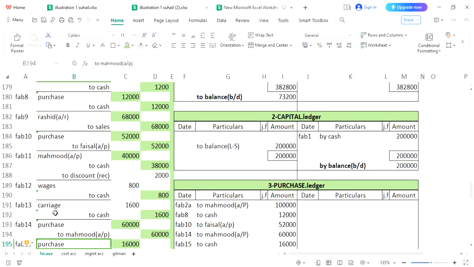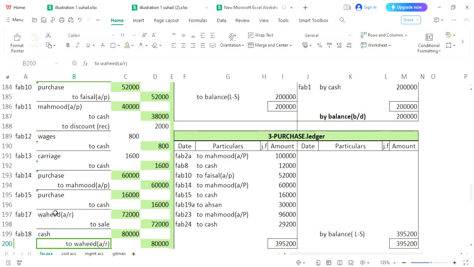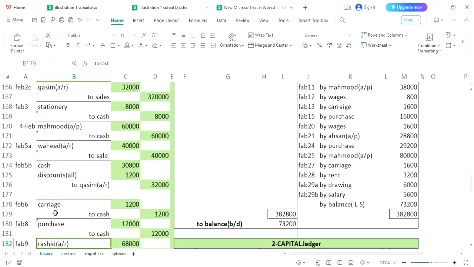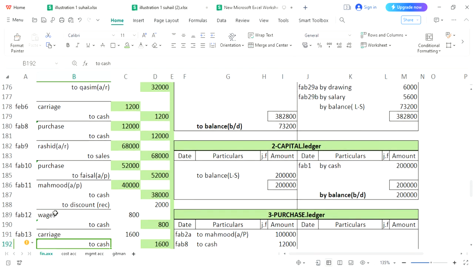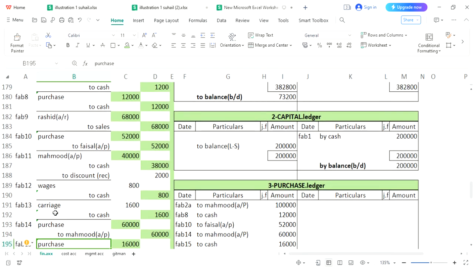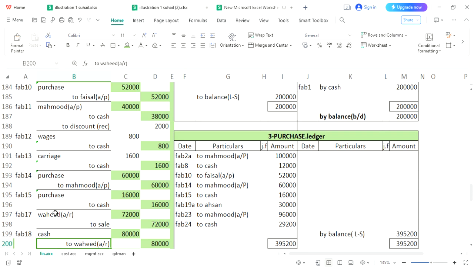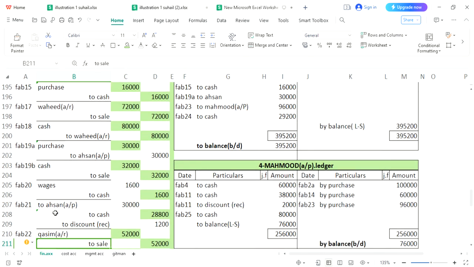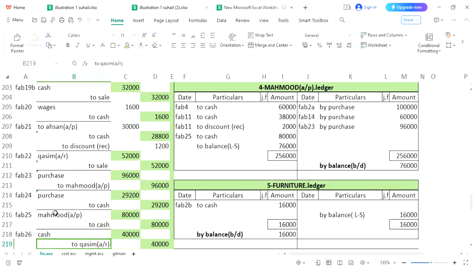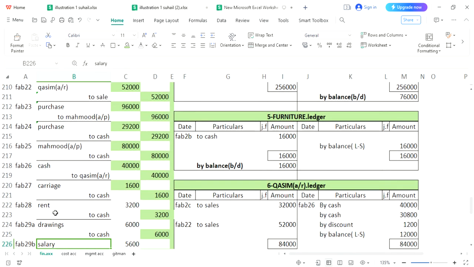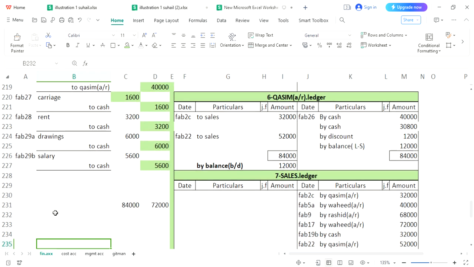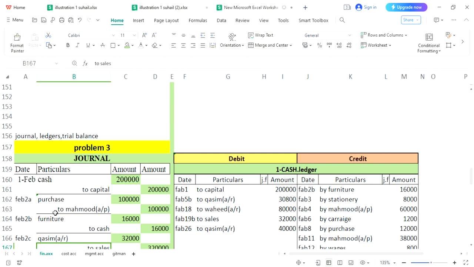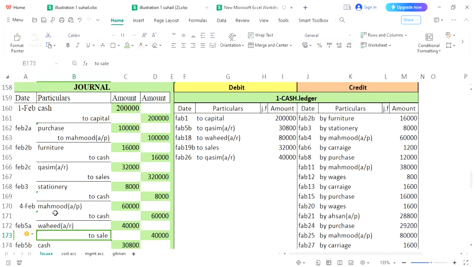Let's start the search again from here, going downwards, and we are looking for Faisal. Why are we unable to see Faisal anywhere? Going downwards and searching for Faisal. Let's start our journey again.